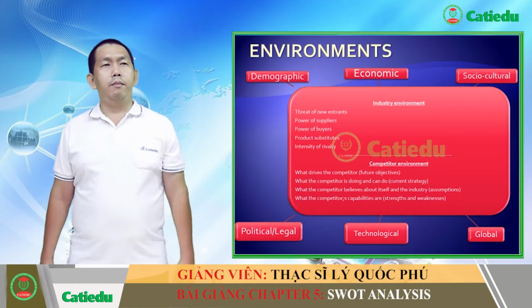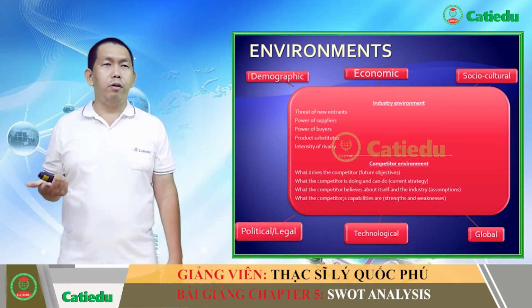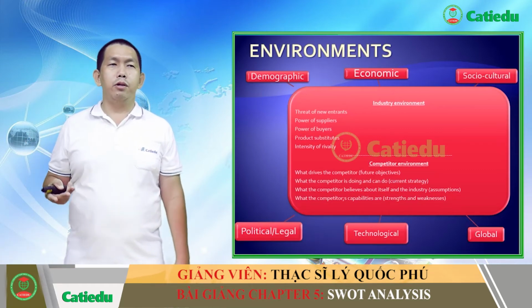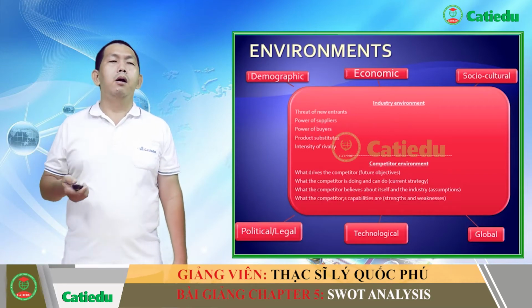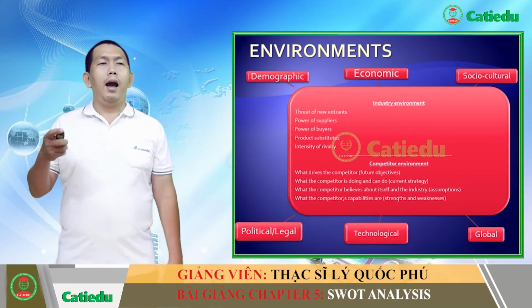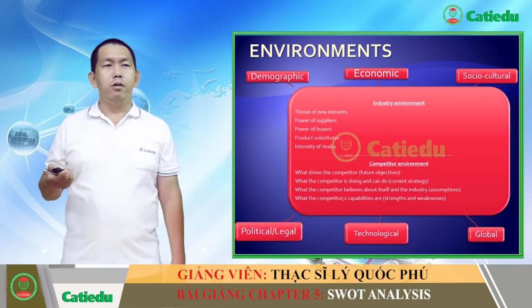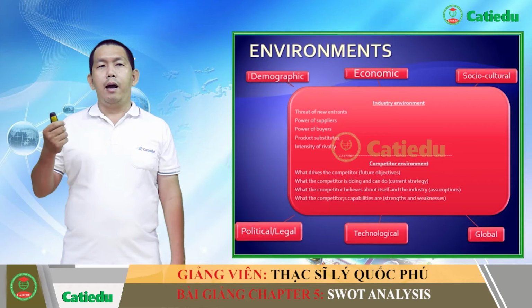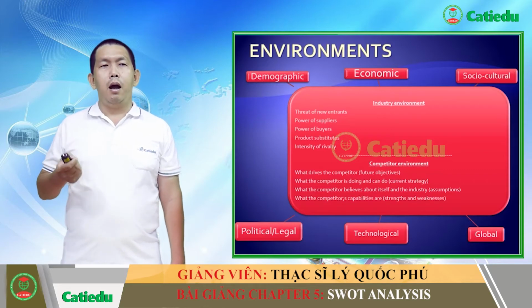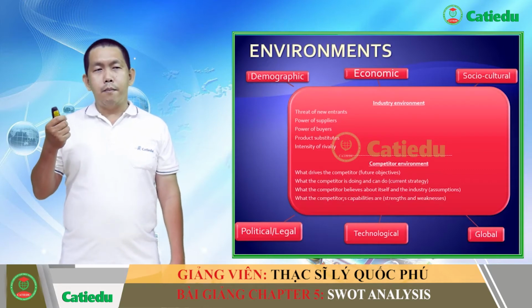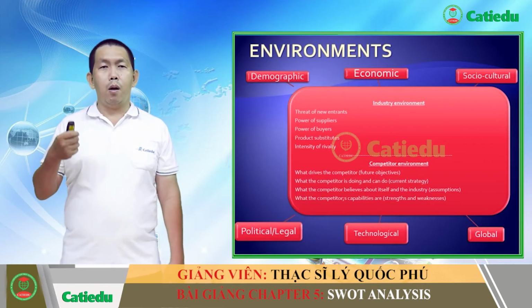In the industry environment, we have threats of new entrants, power of suppliers, power of buyers, product substitutes, and intensity of rivalry. From the competitive environment, you have what drives the competitor, future objectives, what the competitor is doing and can do, current strategies, what the competitor believes about itself and the industry, assumptions, and the competitor's capabilities, strengths and weaknesses.